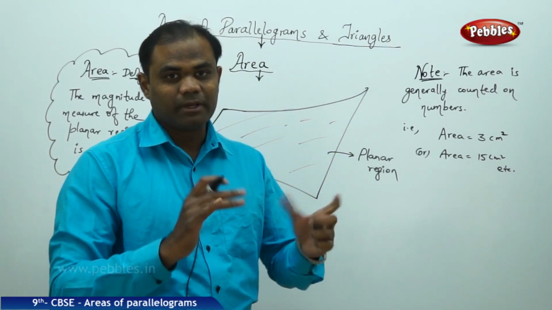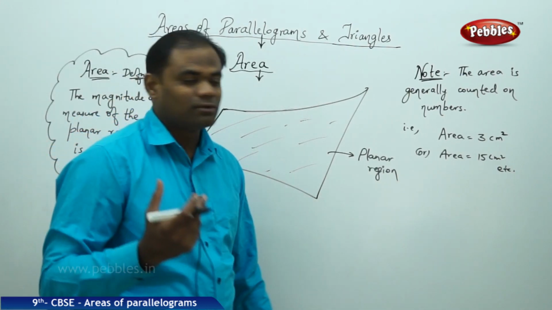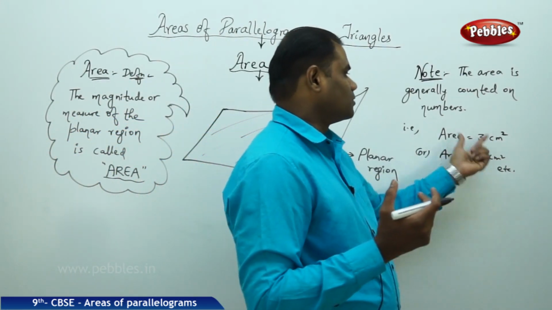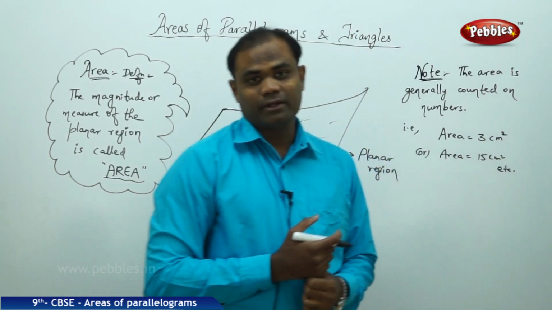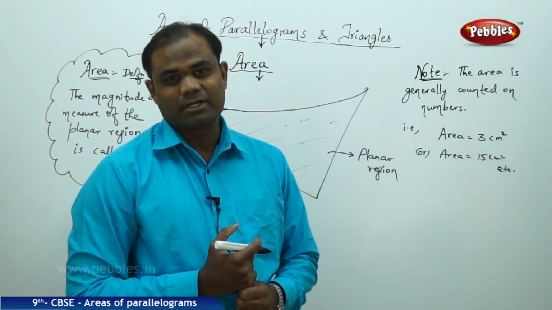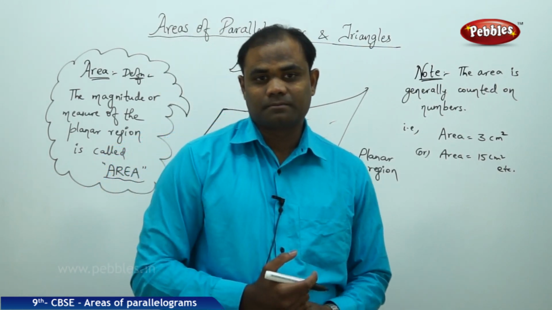Is how we estimate the magnitude or measure of the planar region through the value which is assigned to the area. And these are the units given for area. Is how we understand the area connected with the planar region.